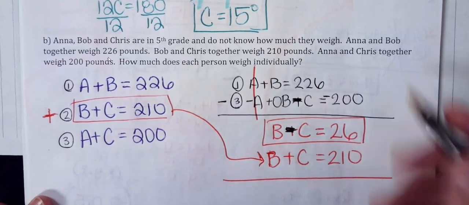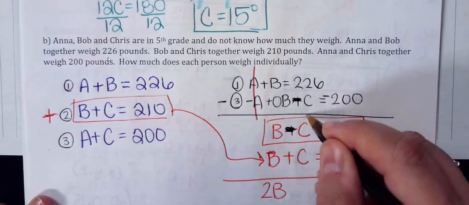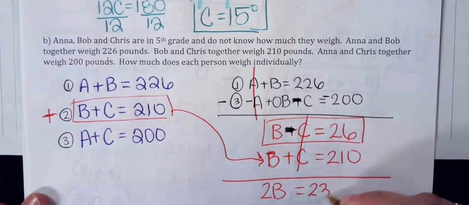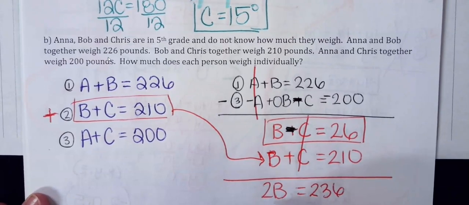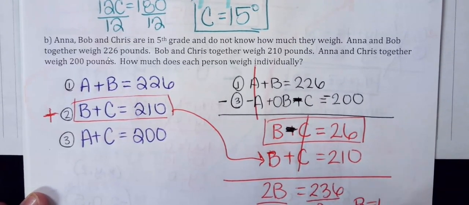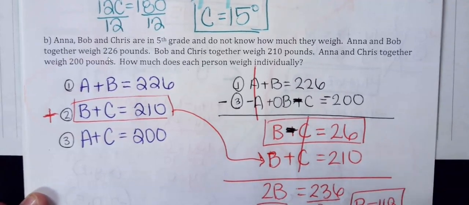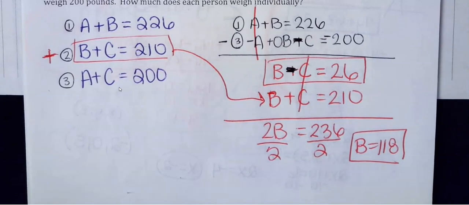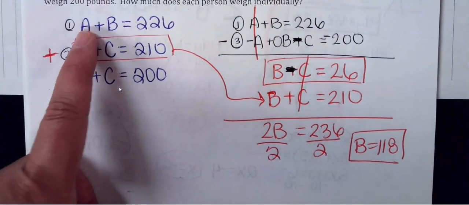Now, when you do this, you're just going to get 2B. These guys are actually going to be gone, and this is going to be 236. Once you're there, just divide by 2, and that'll give you Bob's weight, which is going to be 118. Oh, I'm not on the screen, sorry. Now, once you're there, just plug it back in. Okay, so Bob is in that first equation also.